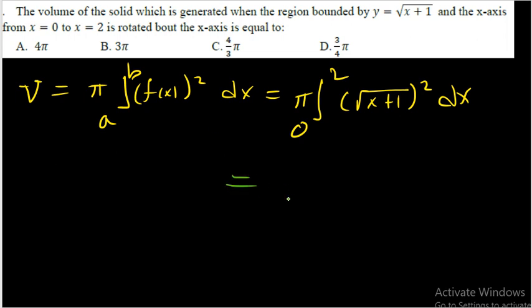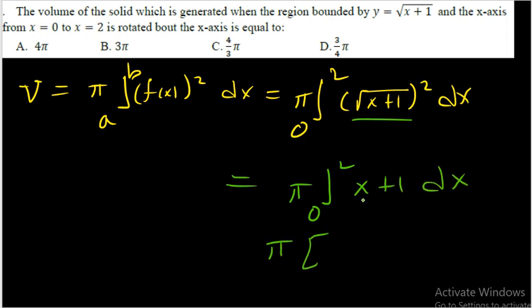Therefore this is going to be pi, the integral 0 to 2. When we square, x plus 1 remains, the radical will be removed, so pi keep outside again. The integral of x will be half x squared, evaluated from 0 to 2, plus the integral of 1 will be just x, again from 0 to 2.